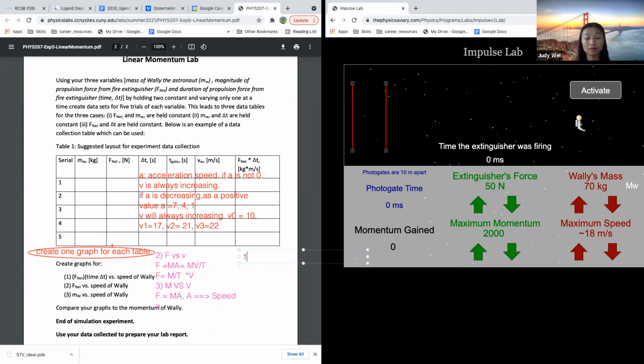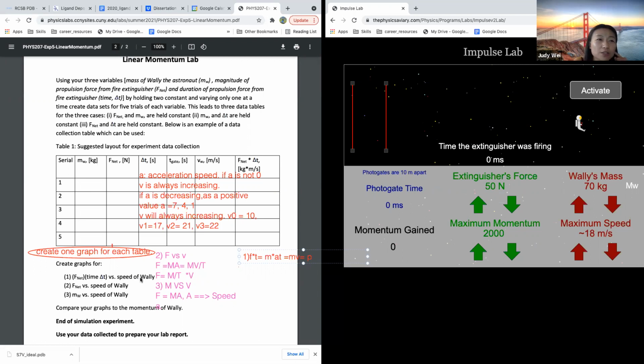F times T, the first question we ask, F time T, equals MV. So this one, the y-axis, do you feel like this looks familiar? Because this is the momentum, right? So the first one is actually the momentum versus speed.